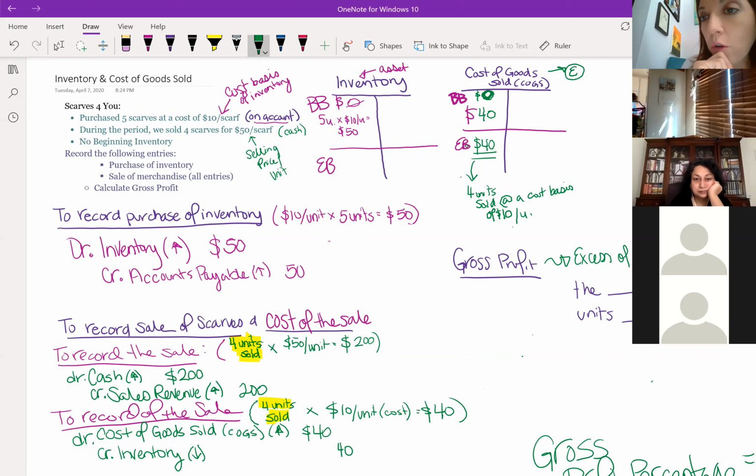In my inventory account, what should my ending balance be? $10.